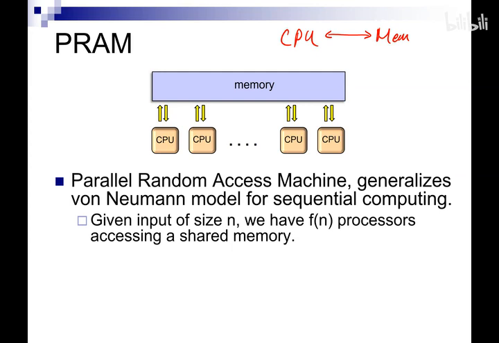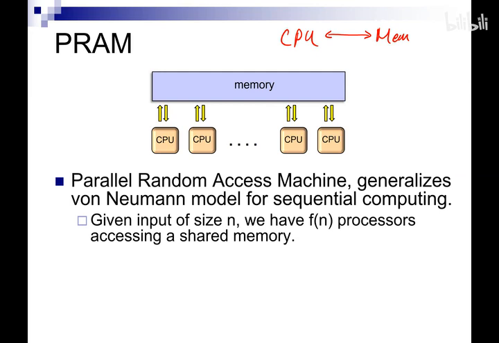And then every CPU is going to in parallel write something possibly different back to memory. So that is now going to be a cycle of the PRAM computation, and these CPUs are just going to repeat these cycles over and over.